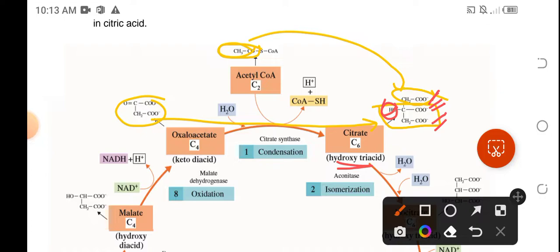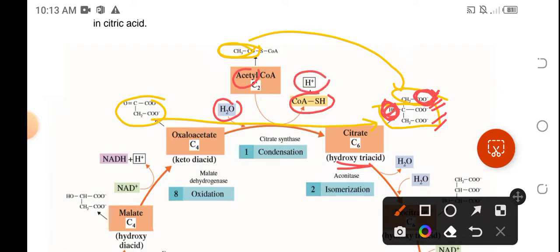So, matatanggal na si coenzyme A, kasi si acetyl lang naman ang na-attach kay oxaloacetate. And of course, the hydrogen and the oxygen coming from the water will be supplied dito naman sa hydrogen part ng hydroxyl at saka sa carboxylic part ng citrate.